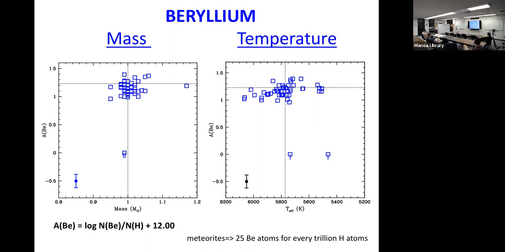So the range there isn't much beyond the error range. We show a plot with temperature. The vertical lines here are representing the solar temperature and the solar mass. The horizontal lines are representing the solar system amount of beryllium.